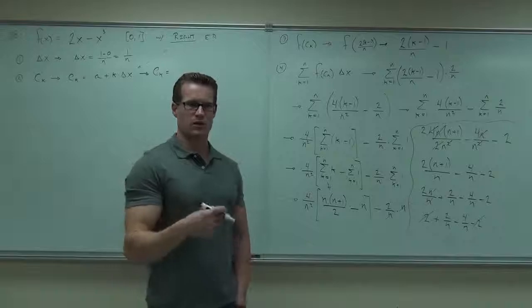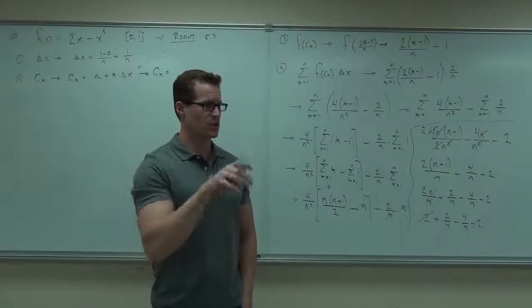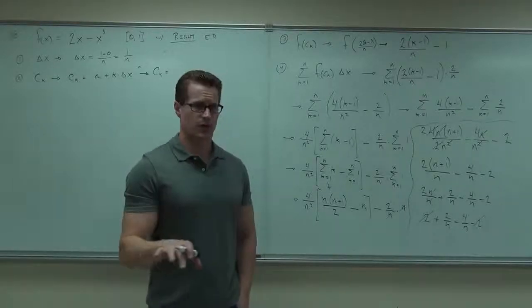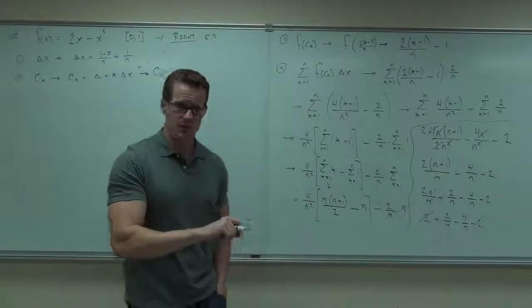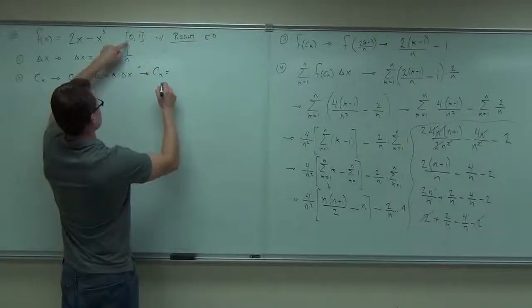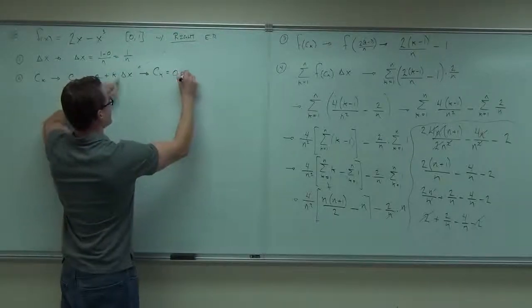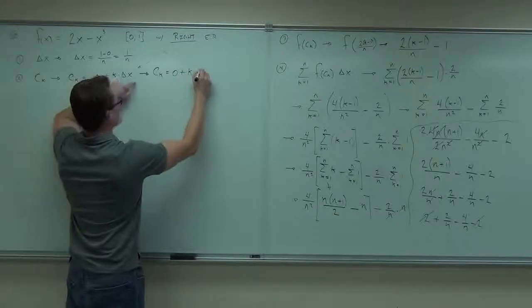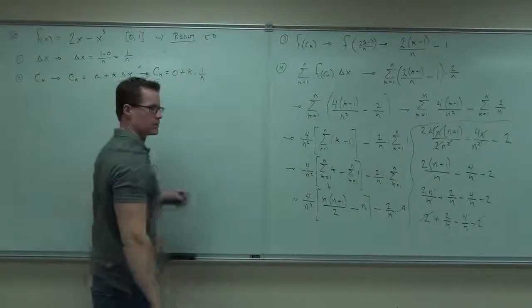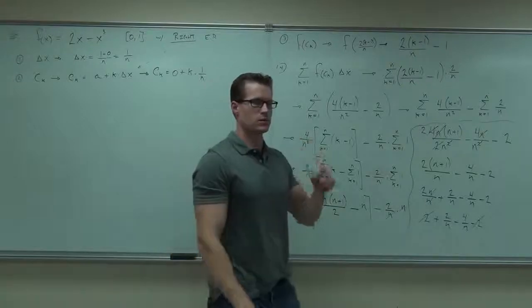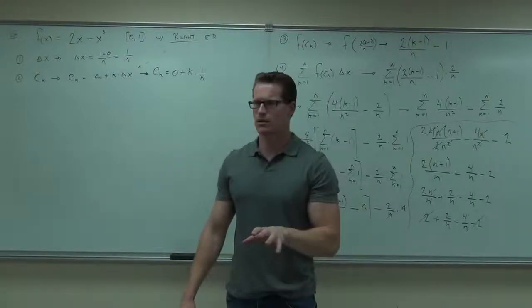Yes. It should go pretty quick. This is not one of those hard ones either. You plug in a number for a, you plug in nothing for k, you plug in delta x for delta x. 0, k, 1 over n. Did you get that too? So you got k over n, did you get k over n?